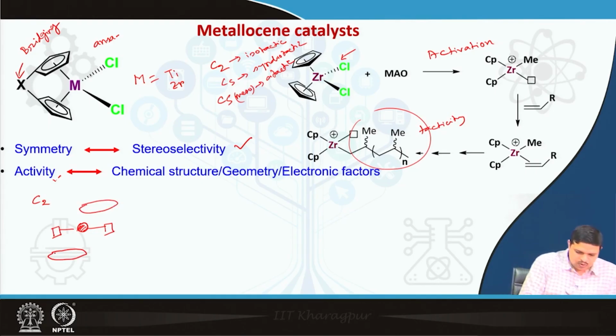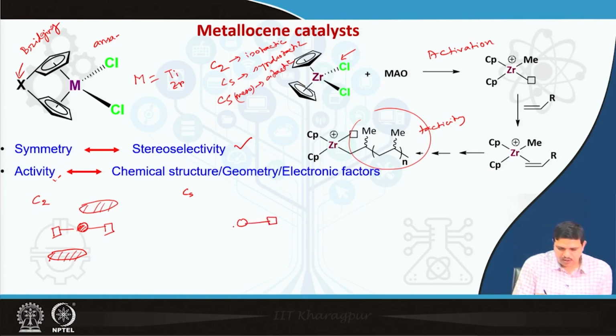Now you will see here, in this case, this is the C2 symmetry. Now if it is CS, then what will happen? Although in the last class we discussed all the symmetry axes.